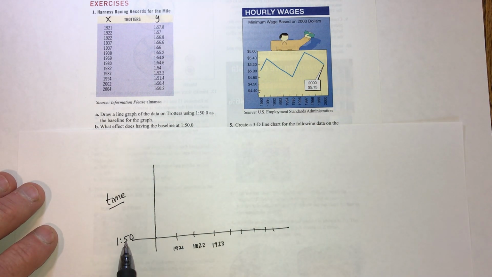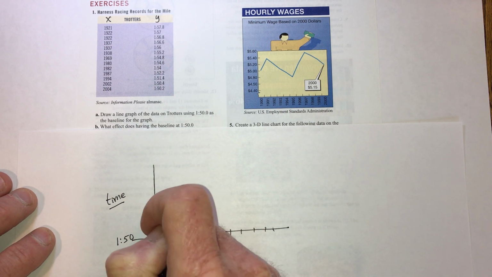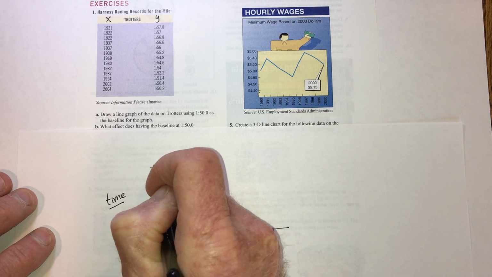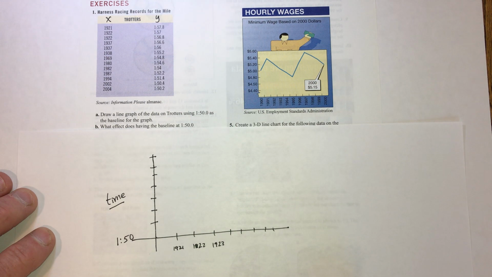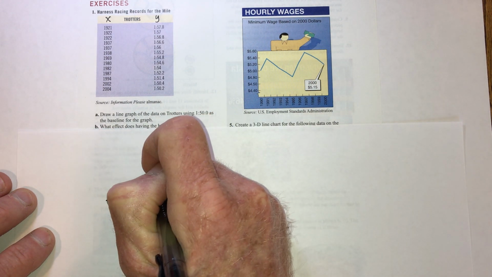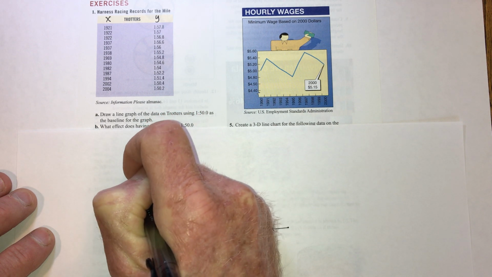So let's see, 1 minute and 50 seconds, and then 1 minute 51, 52, 53, 54, 55, 56, 57. It goes up to 1 minute and 57, almost to 158. So this would be 1 minute and 58 seconds, etc.